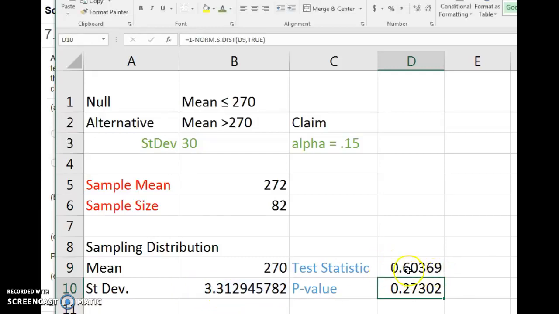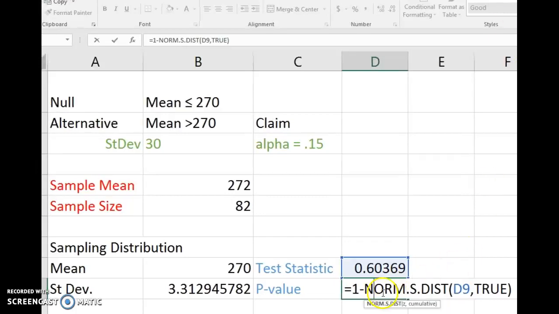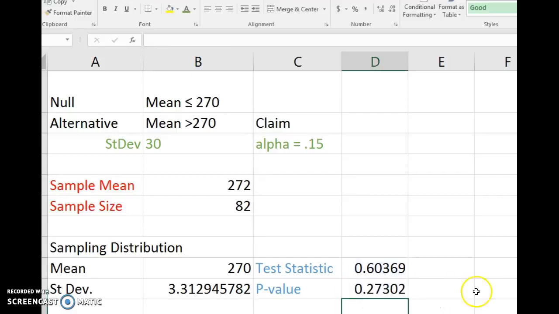And so that gives us that our sample was this far away from the mean, and the probability value of being that far away, this is a right tail test, so I need to do 1 minus norm.s.dist, and then my test statistic, my z-value, comma true. And so that's what I get, 0.2730. Since that value is bigger than alpha, I do not reject the null hypothesis.